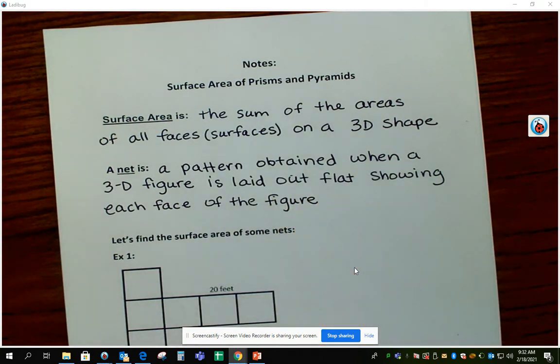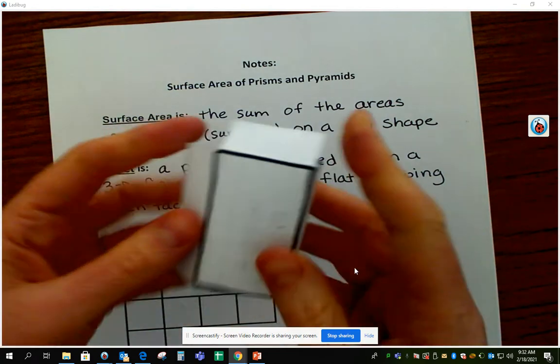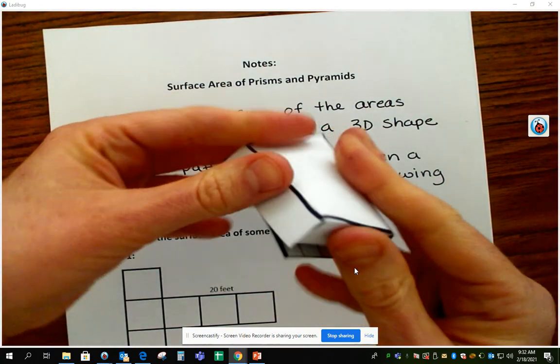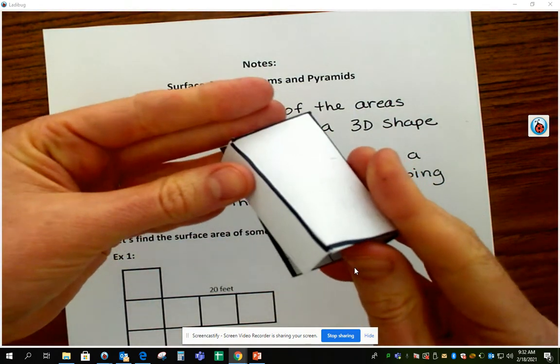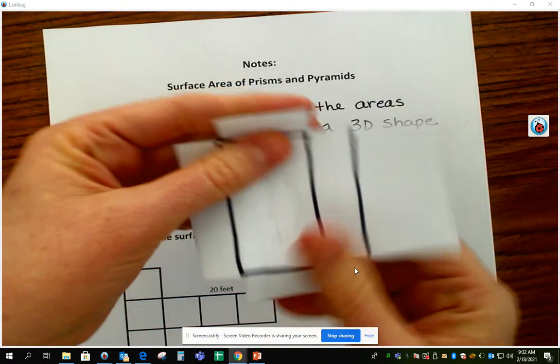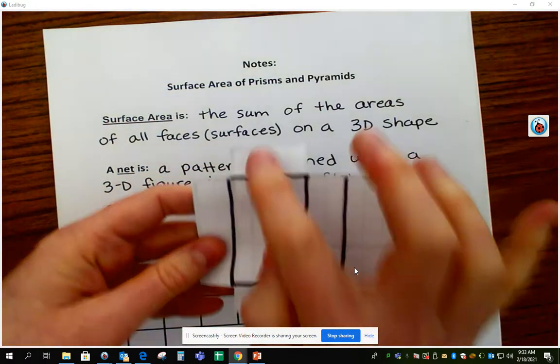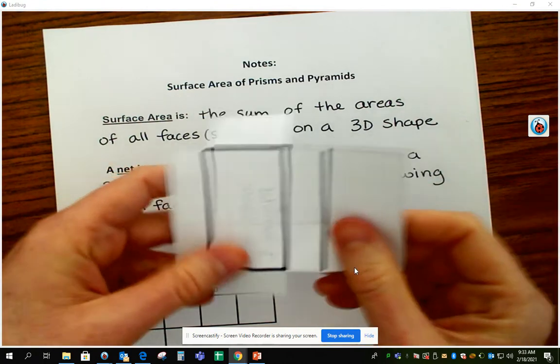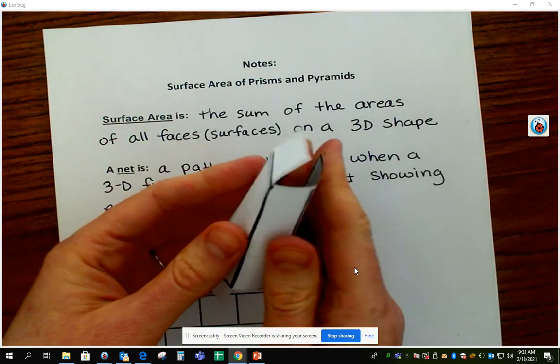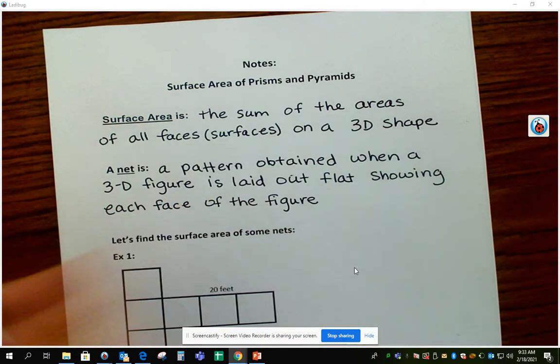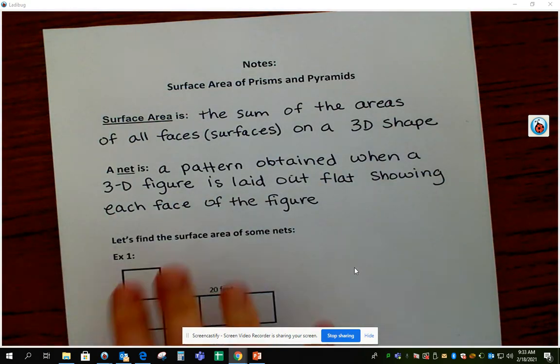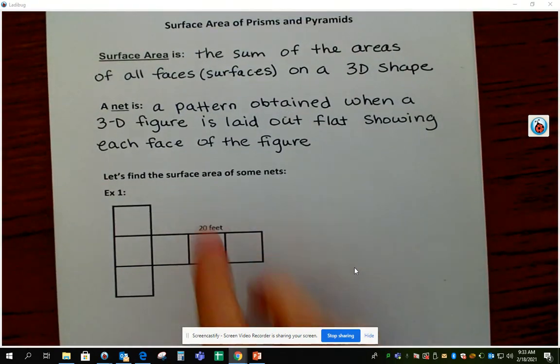So going back to that one I was just holding up, it's a three-dimensional box or prism, but if you fold it out, you make a net showing each face. It's just laid out flat. That's a net.